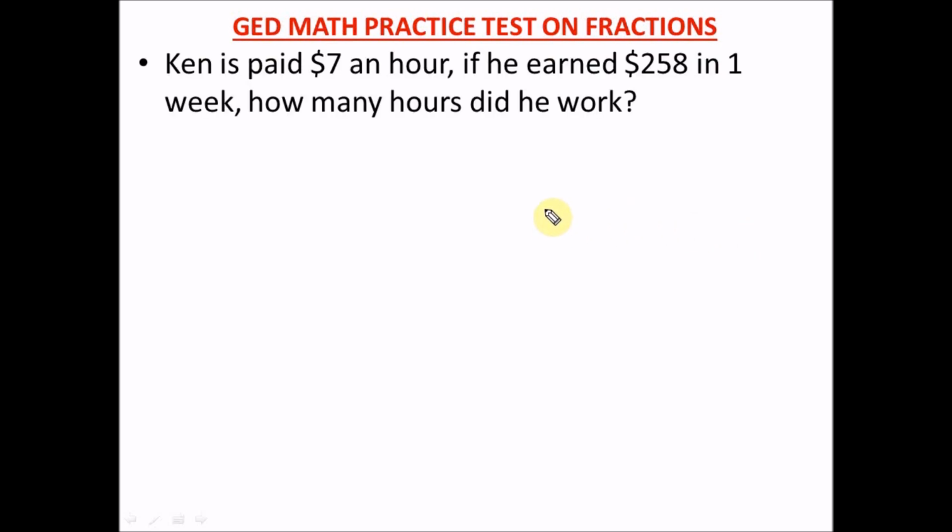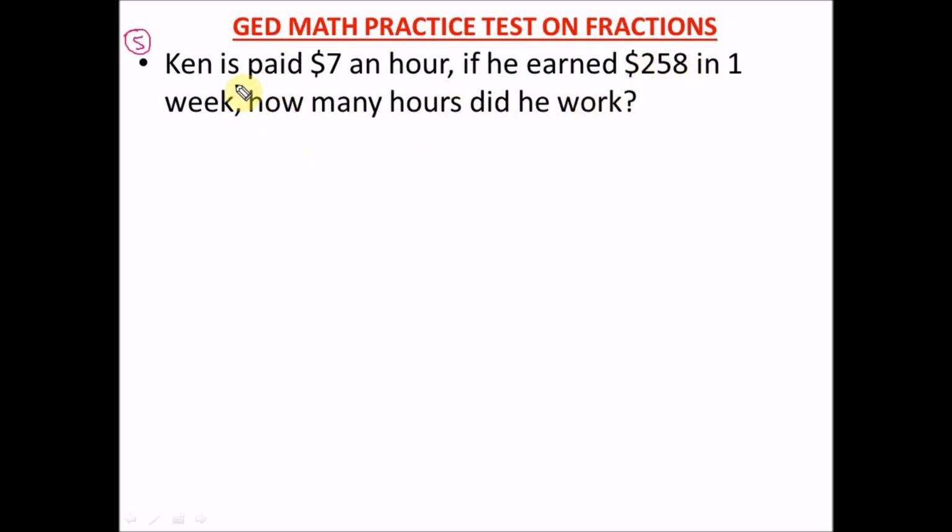So we have this word problem. This is our question 5. It says Ken is paid $7 an hour. If he earned $258 in 1 week, how many hours did he work? It's quite simple and straightforward.